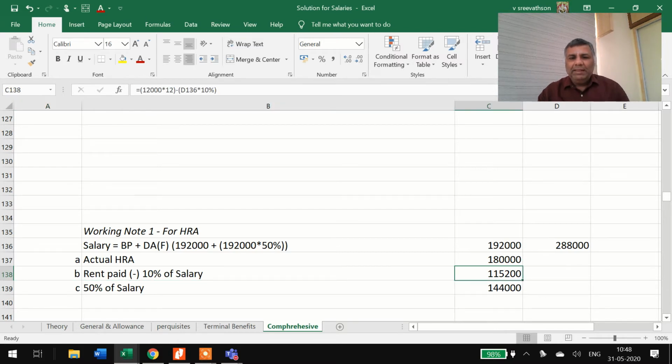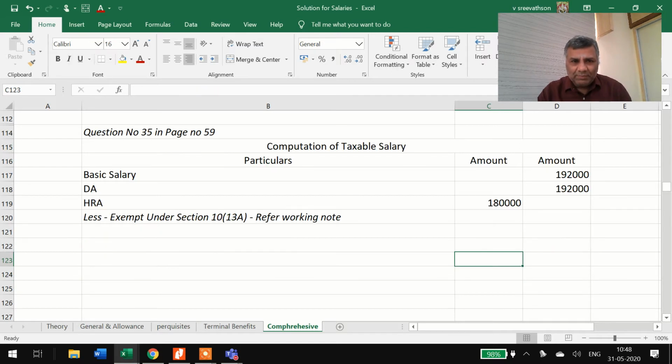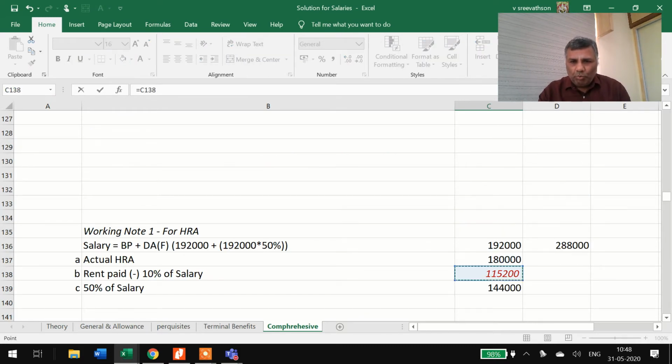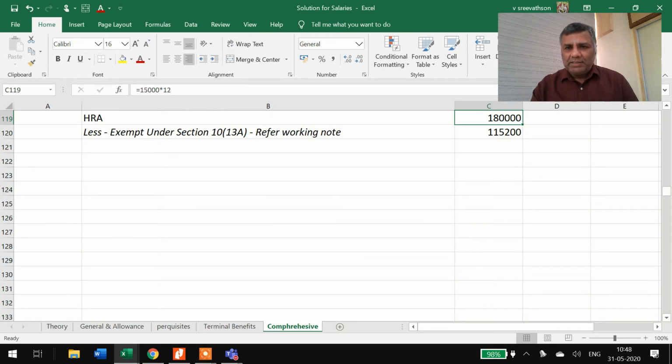In these three, whichever is minimum, please put a box, and come to the main answer. Less exempt, refer working note. We all know 1,15,200 is the minimum.